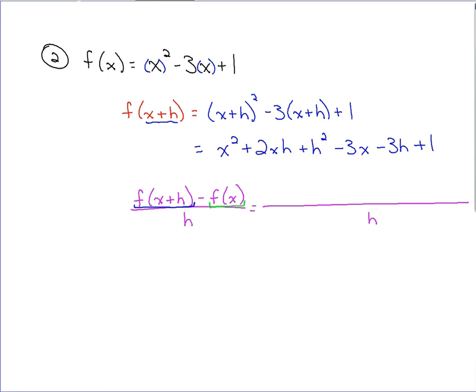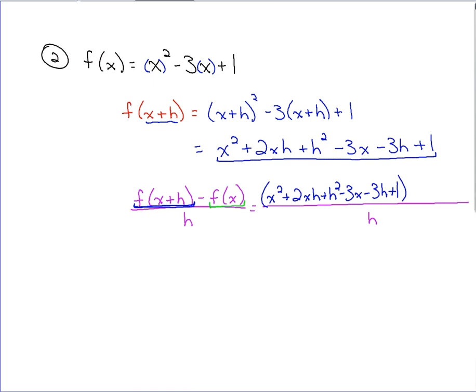So as I substitute in f of x plus h, that's the work that I found right up here. So that goes in, I get x squared plus 2xh plus h squared minus 3x minus 3h plus 1. Parentheses not necessary, but I'm throwing it in here just to show that that's the substitution for this first part, f of x plus h.